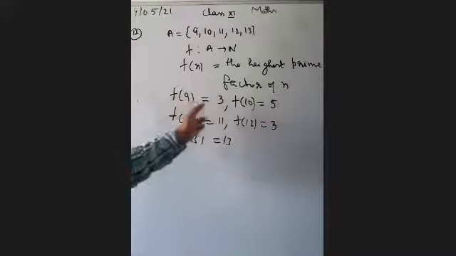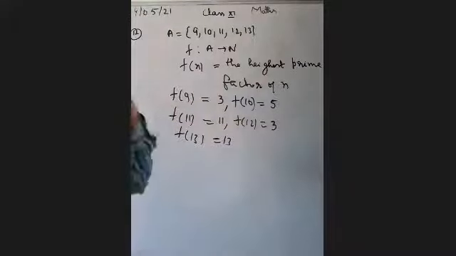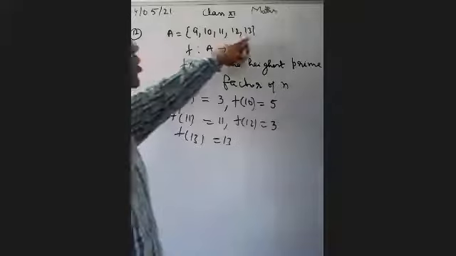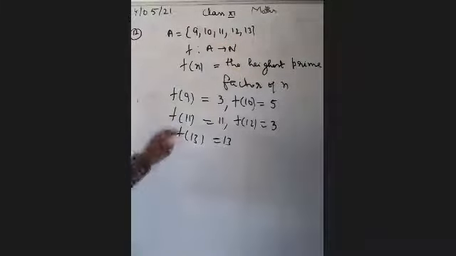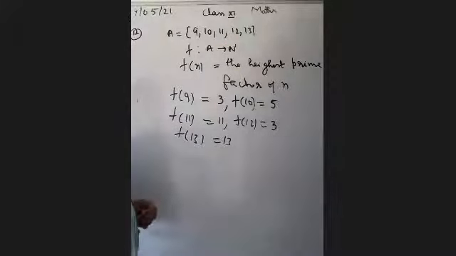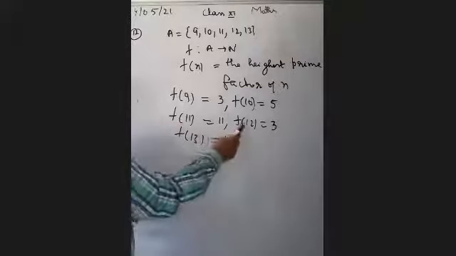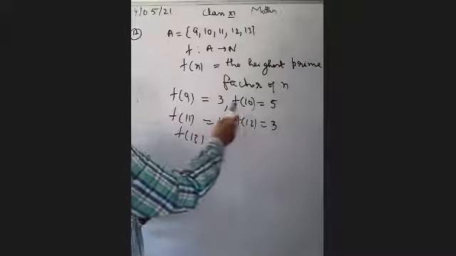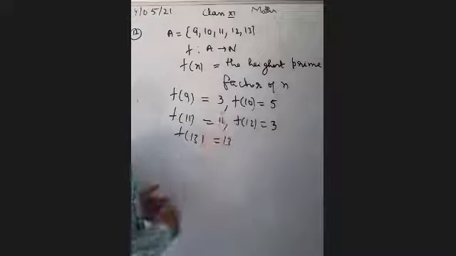So two different points have the same image. But one element does not have two different images. So every element of the set has a unique image. Okay? But it is a many-one function. It doesn't matter if two different elements have the same image. It is a function. It is possible.